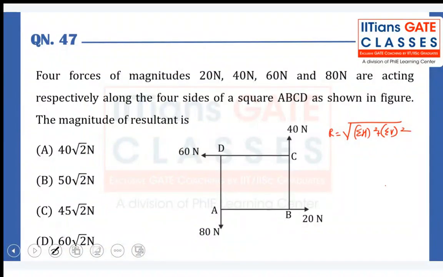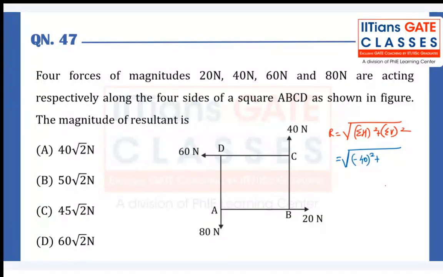First of all, we should calculate all the horizontal forces. We have 60 in leftward direction and 20 in rightward direction, so the summation of horizontal forces is minus 40.